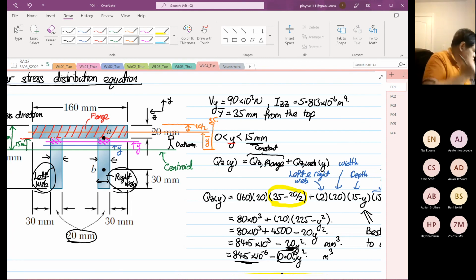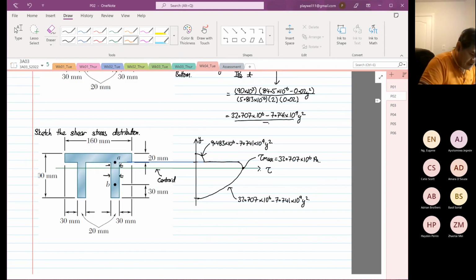Okay, I'm going to do another interesting example. When I say interesting, it is in the sense that it is not necessary that the centroid will always have the maximum shearing stress.